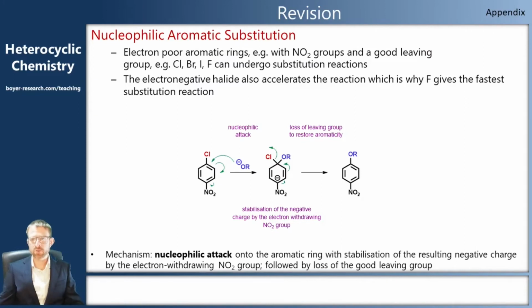A lot of the chemistry we'll look at involves the chemistry of aromatic rings. The two most important reactions in aromatic chemistry are nucleophilic aromatic substitution and electrophilic aromatic substitution.